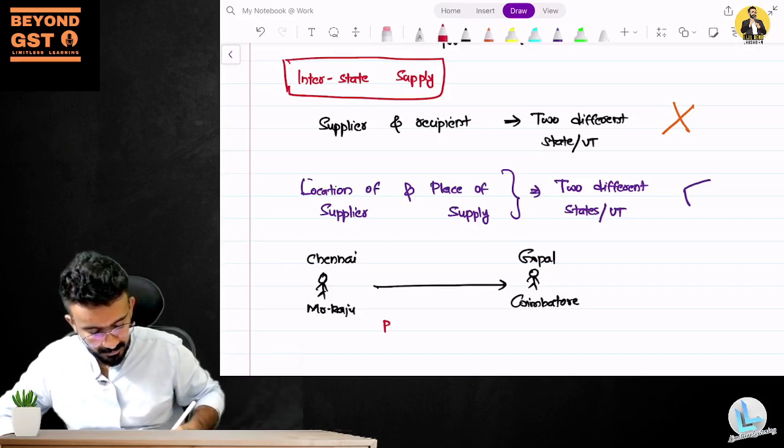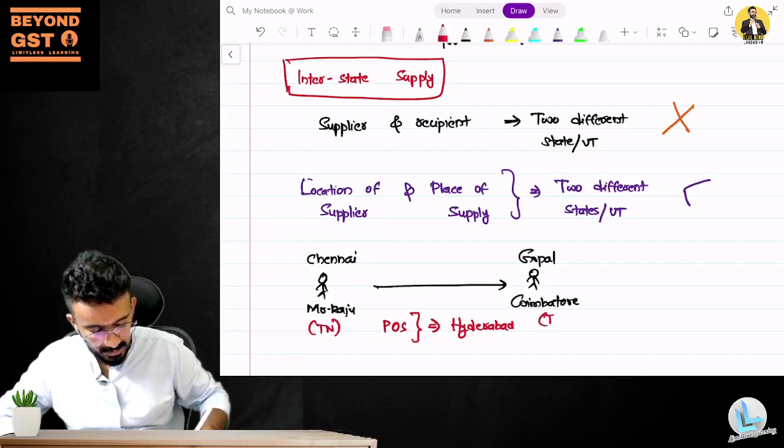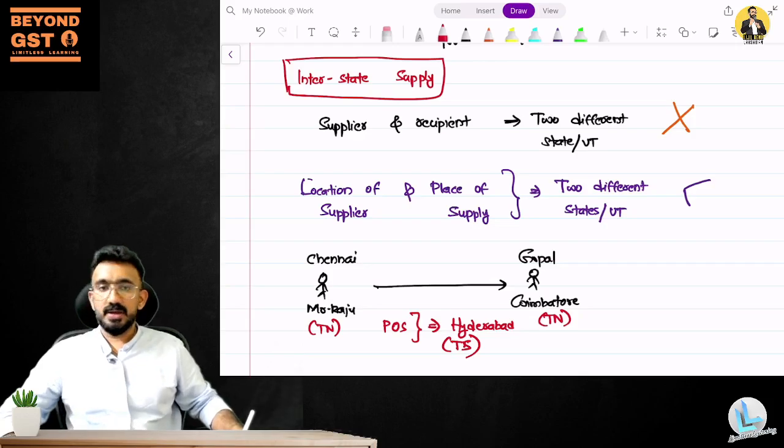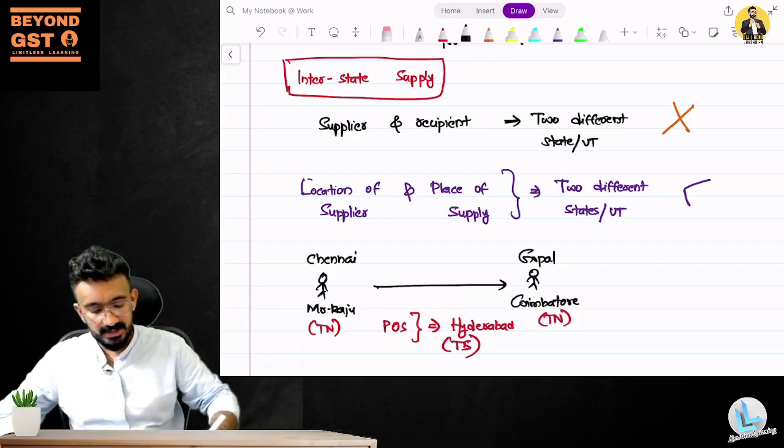However, place of supply happened to be Hyderabad. Supplier and recipient are in Tamil Nadu, but place of supply is in Telangana state. Would it be an intrastate supply or an interstate supply? It would become an interstate supply.